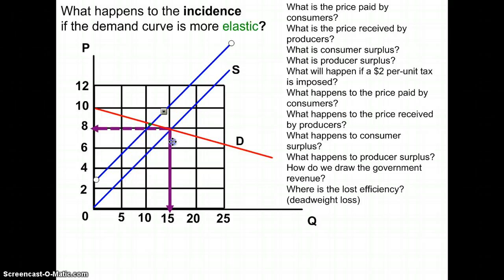You can't really charge these consumers much more. So the producers are the ones taking a hit here. The producers are not going to be able to charge anywhere near what they were charging before. And the government is not going to collect as much revenue either because only about 11 units are going to be sold. So we're going to have more efficiency loss, a lot less consumer surplus, and of course less producer surplus as well.